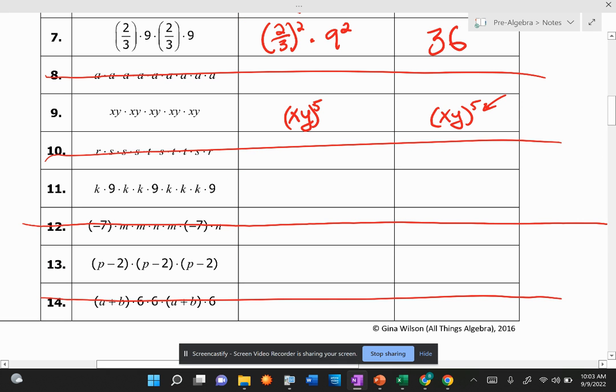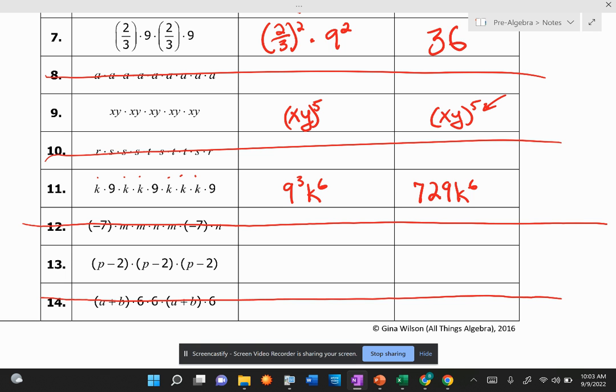So how many K's do we have? We've got 9 to the third power, K to the sixth power. What is 9 to the third power? 729. K to the sixth.